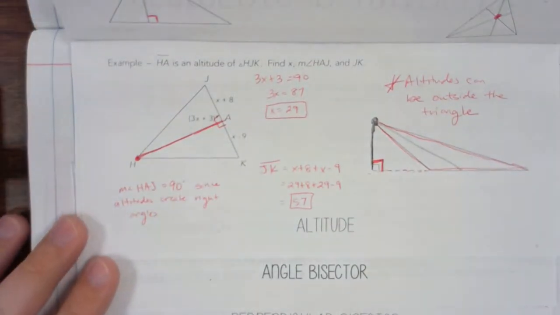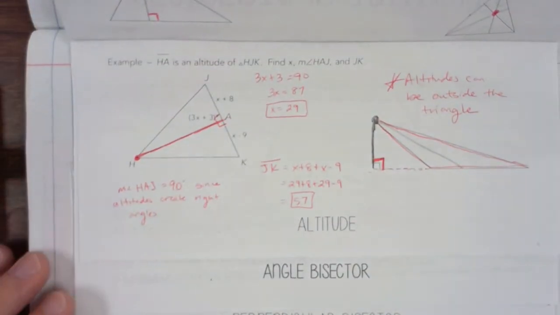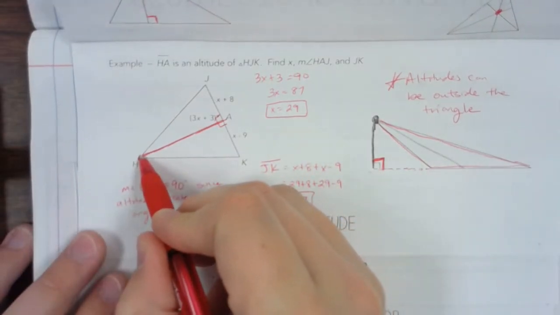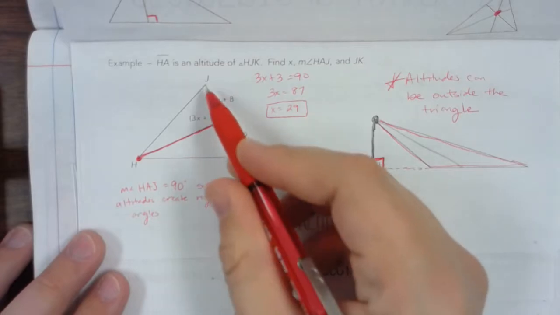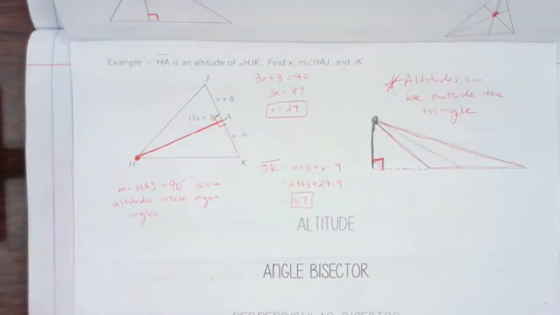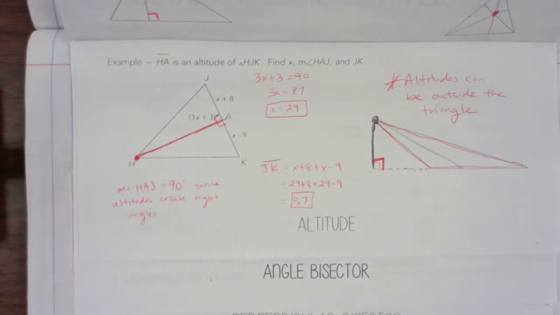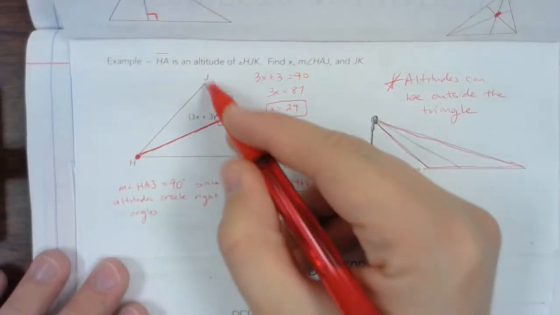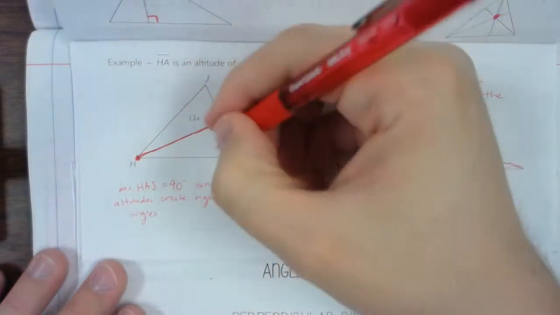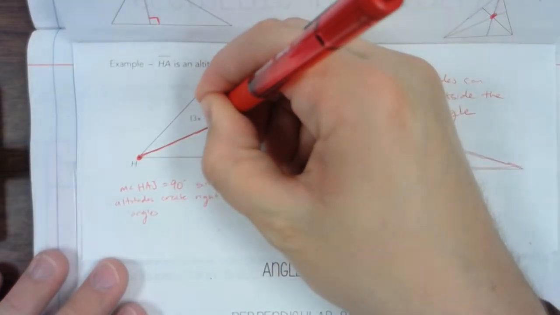I'm told that this is an altitude. So it's starting at point H, and it is going to drop down and be perpendicular with the other side. So HA is perpendicular with this side of the triangle, JK, which means it creates right angles.